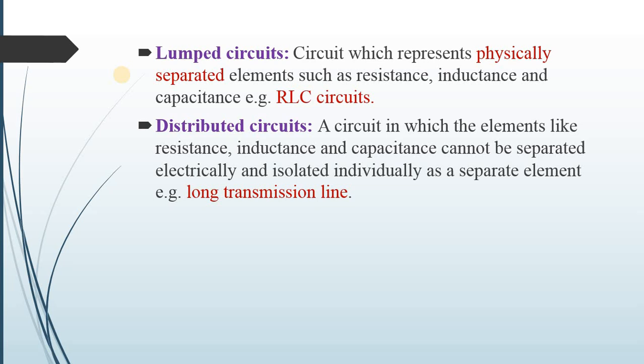If you study this long transmission line in electrical, then this circuit consists of resistance, inductance and capacitance, but you cannot separate them physically. So such a network is called a distributed network. So this is all about the classification of networks.